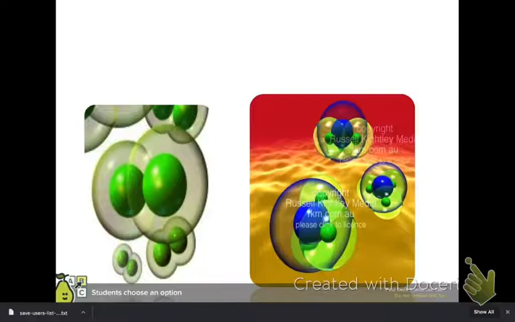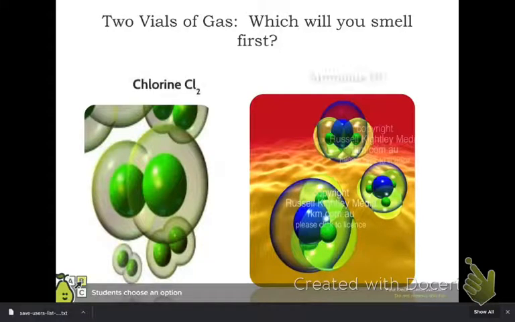If we have two vials of gas, one chlorine and the other ammonia, which one do you think you would smell first? Which gas would travel fastest? We have to see which one is smallest, so you look up the molar mass.